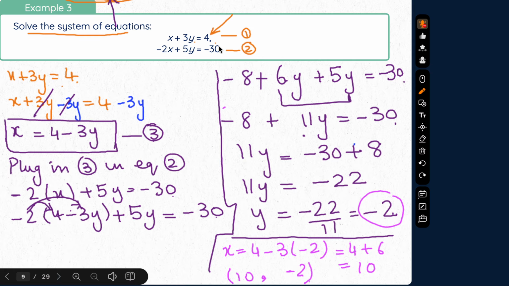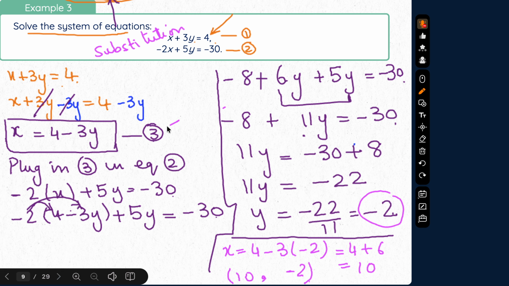I'll repeat the entire solution. This was the first equation, this was the second equation. Because we are learning the substitution method, I arranged the first equation for one variable. I selected that variable to be x. I said that x is equal to 4 minus 3y.